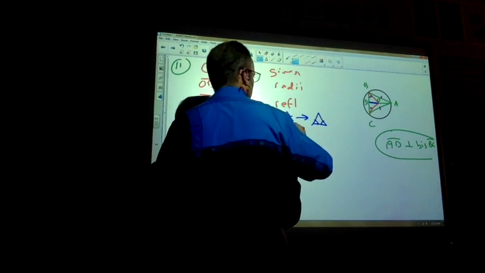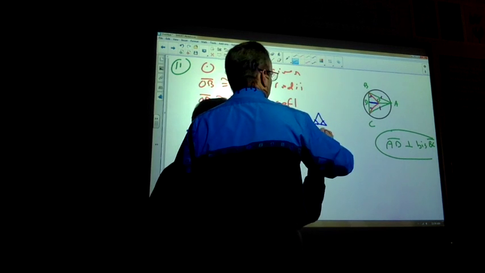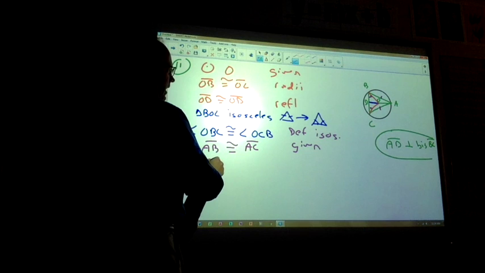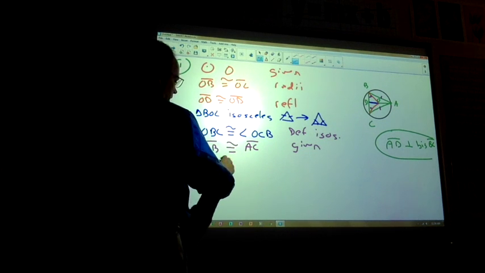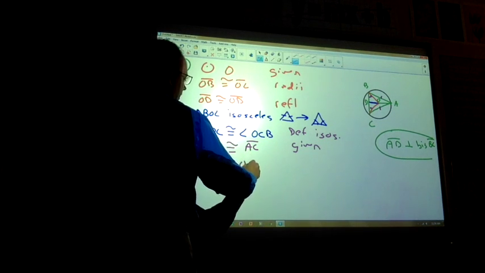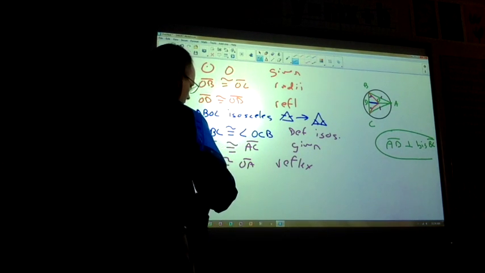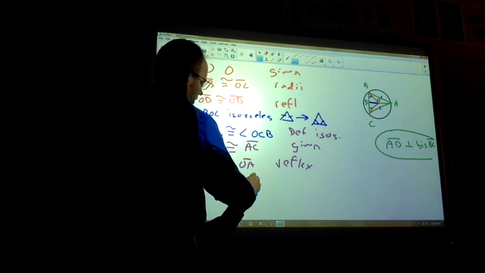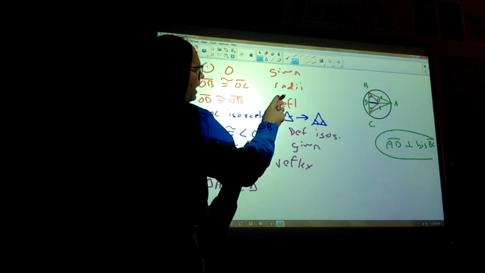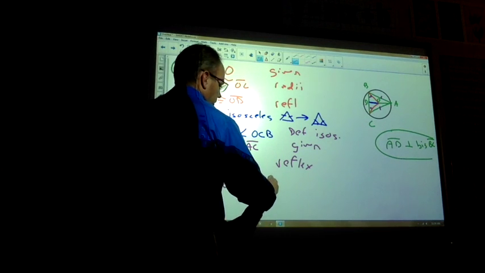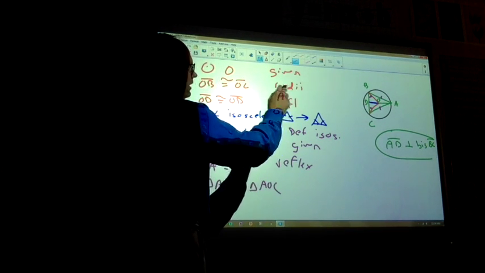And the reason I could have said that was definition of isosceles. I probably didn't have to prove that. So with that, then I can go OA is congruent to OA. We have a reflexive again. And that's going to then tell me that triangle AOB is congruent to triangle AOC, because now I have side, side, side.